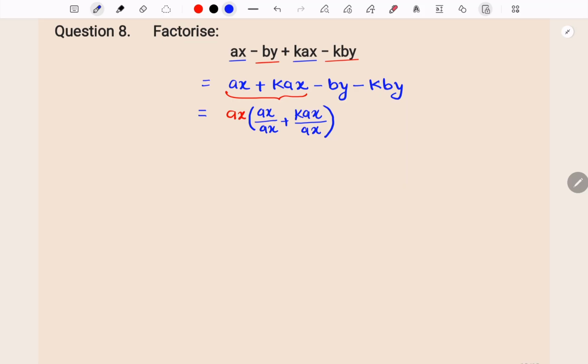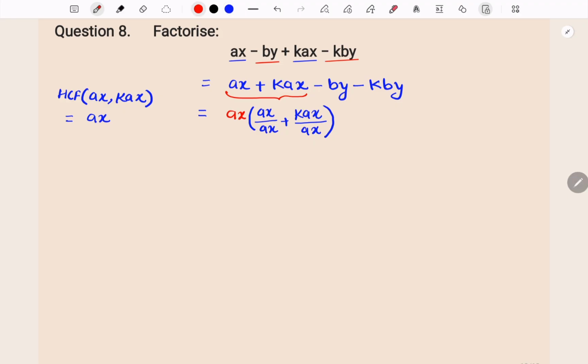And you might be wondering, how did I figure out that I need to factor out ax? That is quite simple, and we have already done that before. For that, I just needed to find the HCF of ax and kax, all the terms in the expression. So the HCF of ax and kax is simply ax, and that is why I have factored out ax.